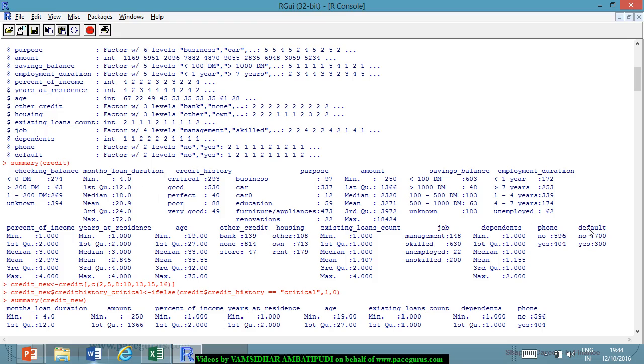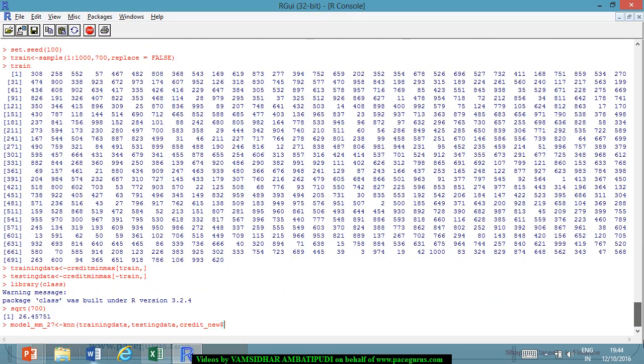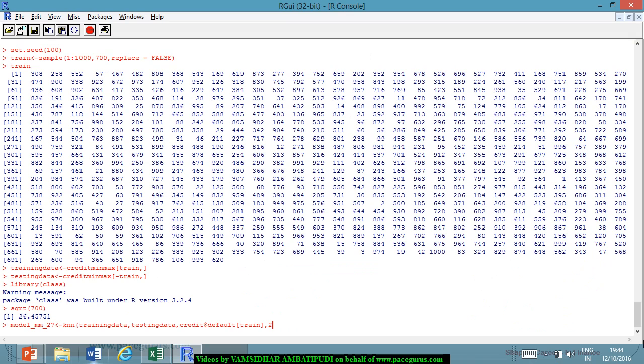I'll take credit dollar default, because I can't take credit_new, that does not contain the target variable. And I will take only the training data, those rows which are part of the train. And the number of nearest neighbors that I want, let's say I want 27 nearest neighbors here.